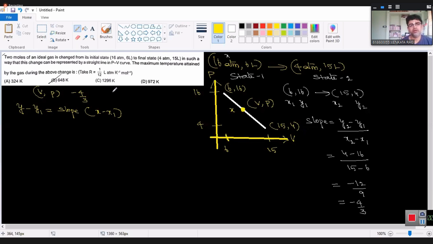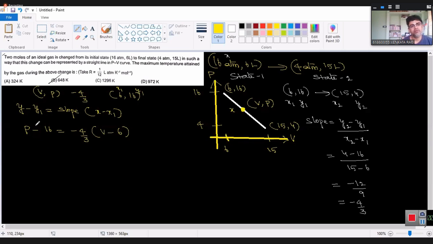You can take any point, say 6 comma 16. The y coordinate is P. y1 is 16, that is equal to slope minus 4 by 3. The x coordinate is volume and x1 is 6.